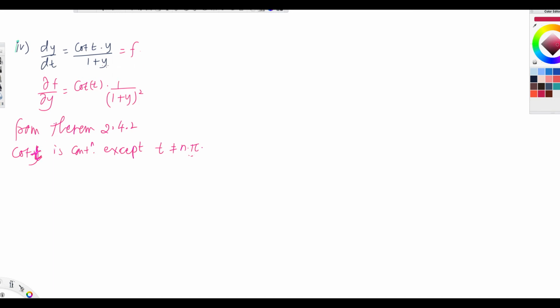And also this function is not continuous if y is equal to -1, right?